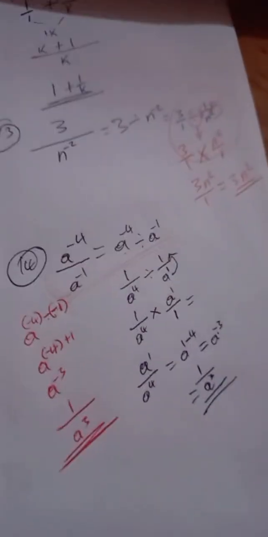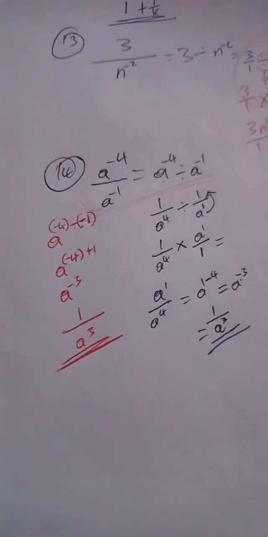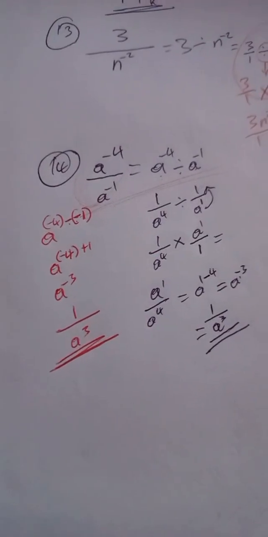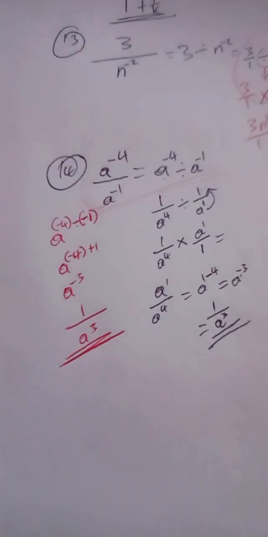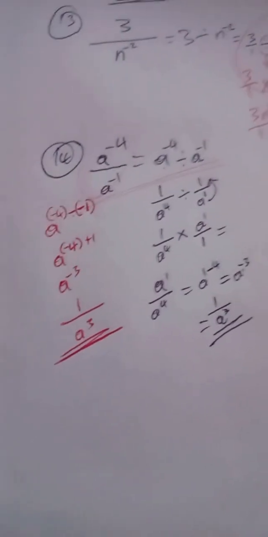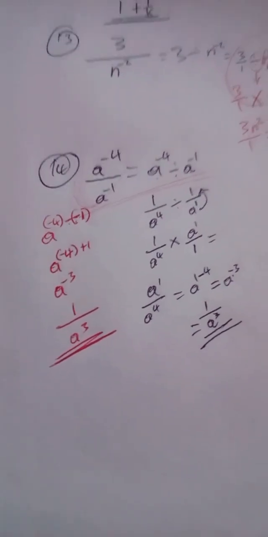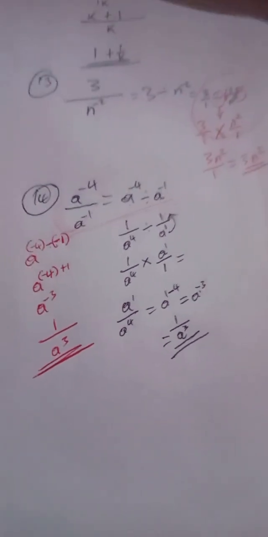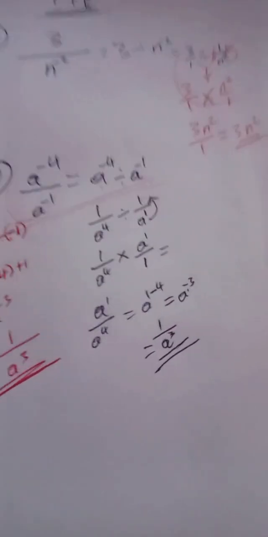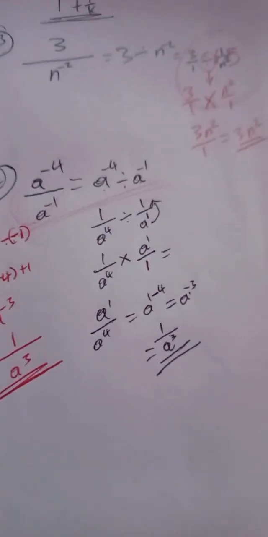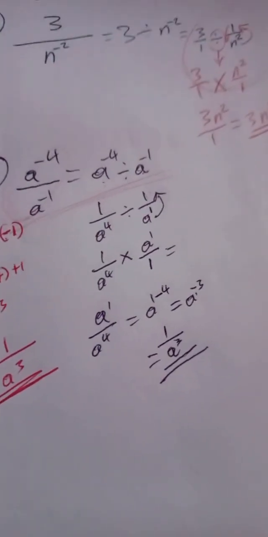So this one is shorter than this. It depends on which method you want. But I prefer this one. This one is very straightforward, straight to the point. We have not cheated. We just applied the laws of exponents. So this means that the laws of exponents do not contradict. They support each other.